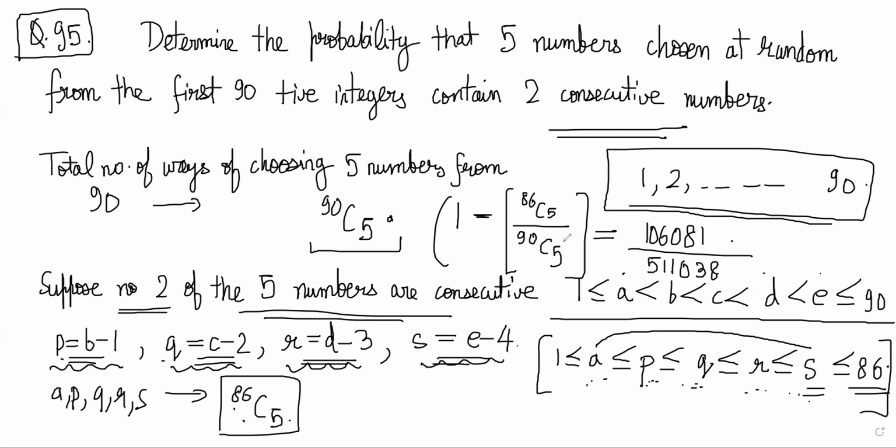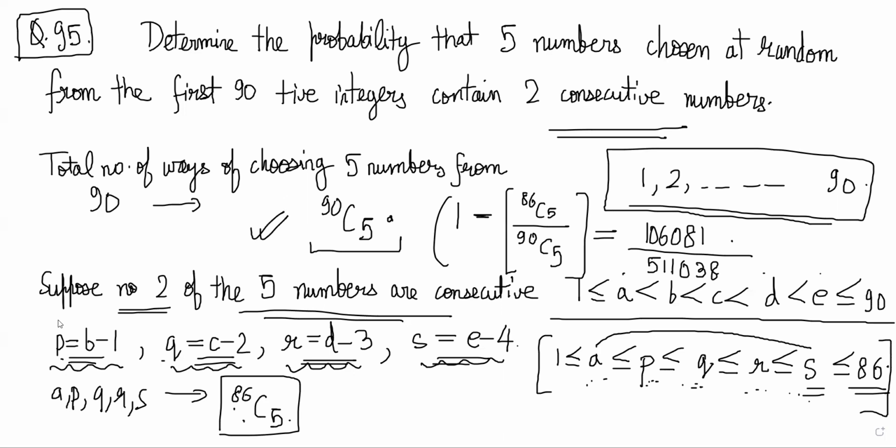Instead of selecting A, B, C, D, E, we took A, P, Q, R, S, where P, Q, R and S could be equal to each other. However, P is B minus 1, Q is C minus 2, and so on. Therefore, the upper limit for S becomes less than 90. And now it ensures that A, B, C, D, E will not be consecutive, right? So think about it. This is the way to do it. We have converted the counting problem and did a complementary counting here.